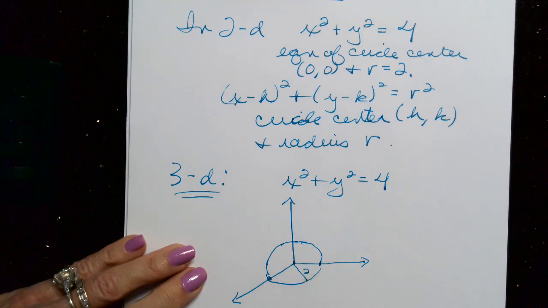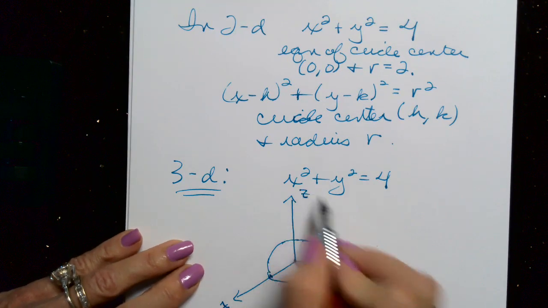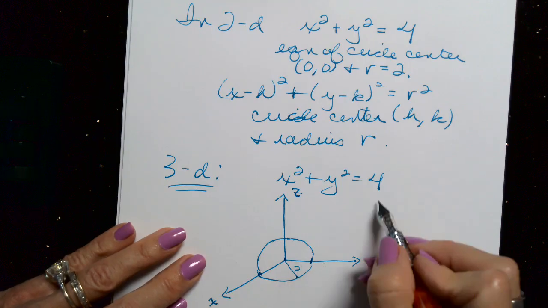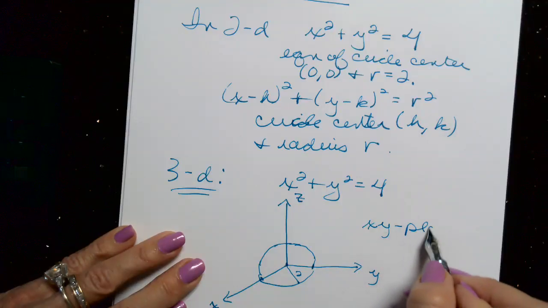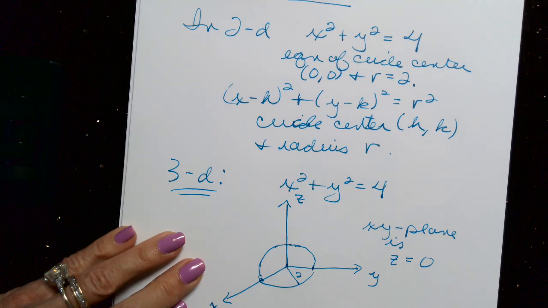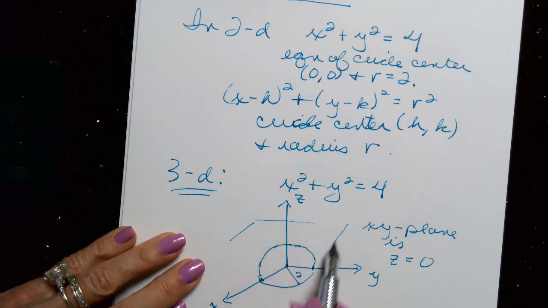So that's a circle of radius 2 in the xy plane. But what is the xy plane? The xy plane is the plane z equals 0. But you see, z doesn't appear in this equation. So any value of z works. So this works at z equals 0, but it would work equally well if we look at the plane where z equals 1.